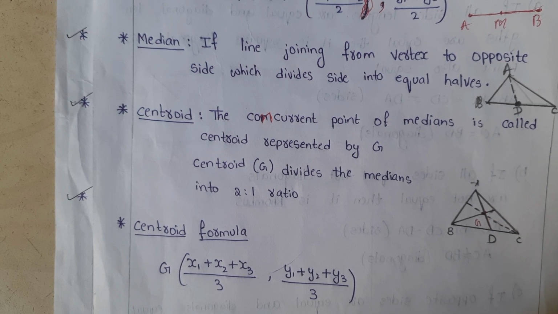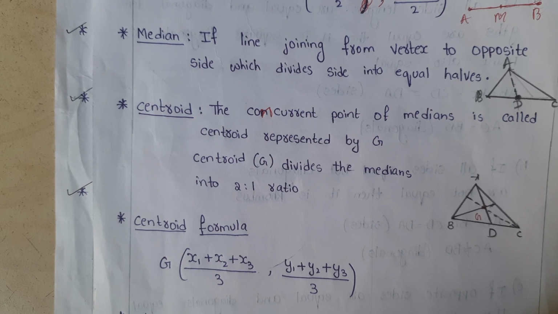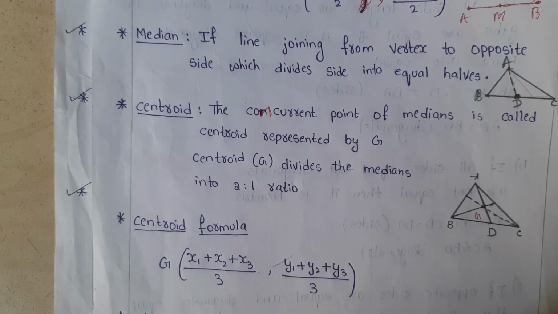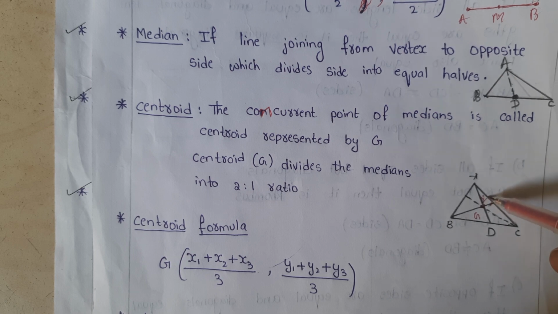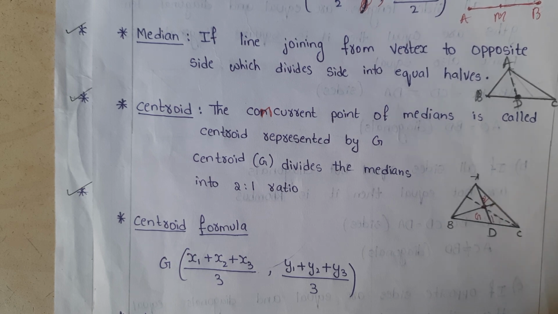Centroid is represented by G. This divides the median in a 2:1 ratio: two parts this larger one and one part the smaller one. From the vertex onwards we need to count.